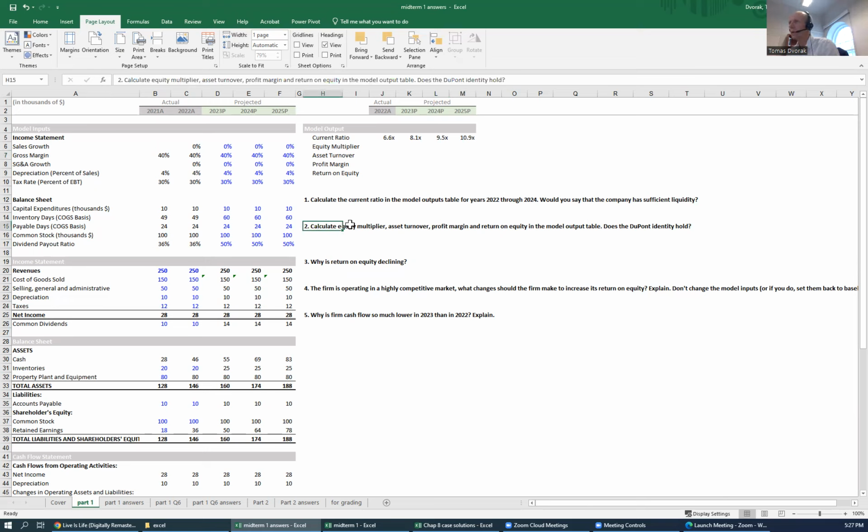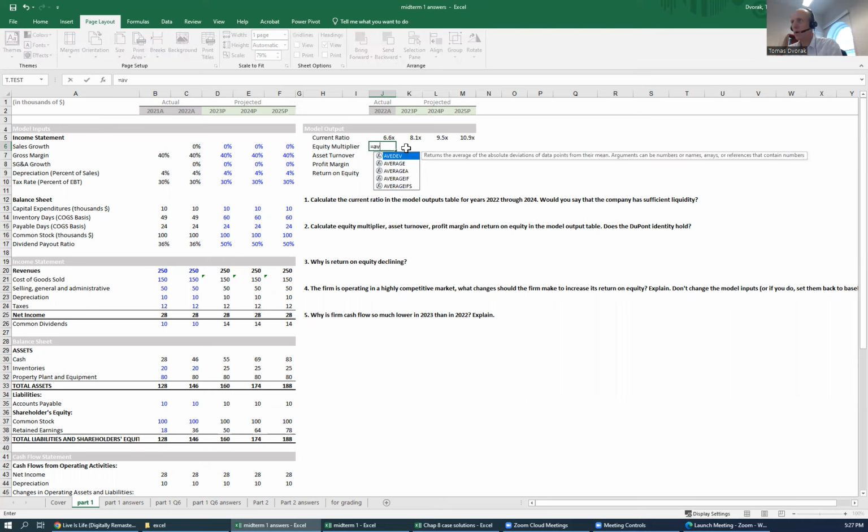Question 2, calculate equity multiplier, asset turnover, profit margin, return on equity. All right, so let's do that. Equity multiplier. So in equity multiplier, we need total assets divided by total equity, or rather average assets divided by average equity. So we'll do average assets of last 2 years.